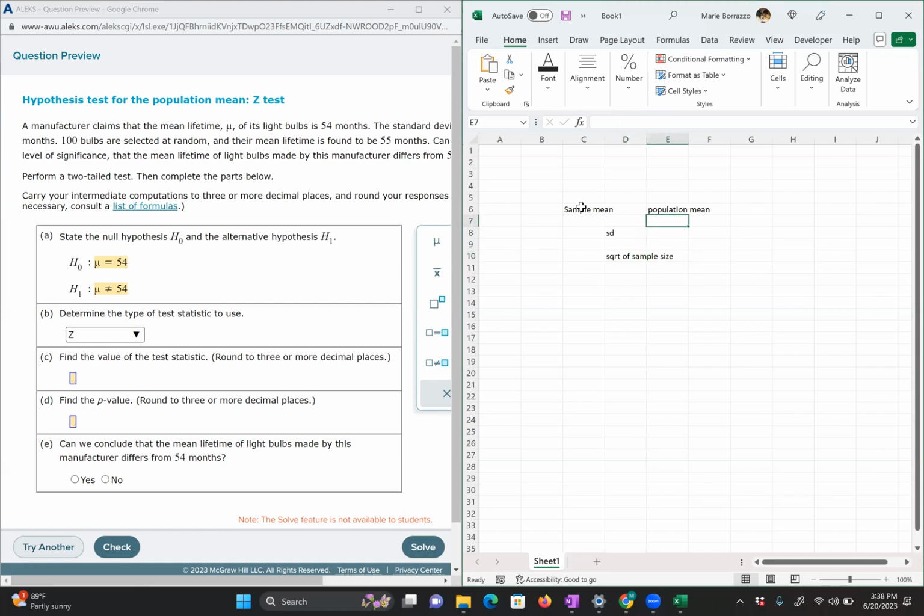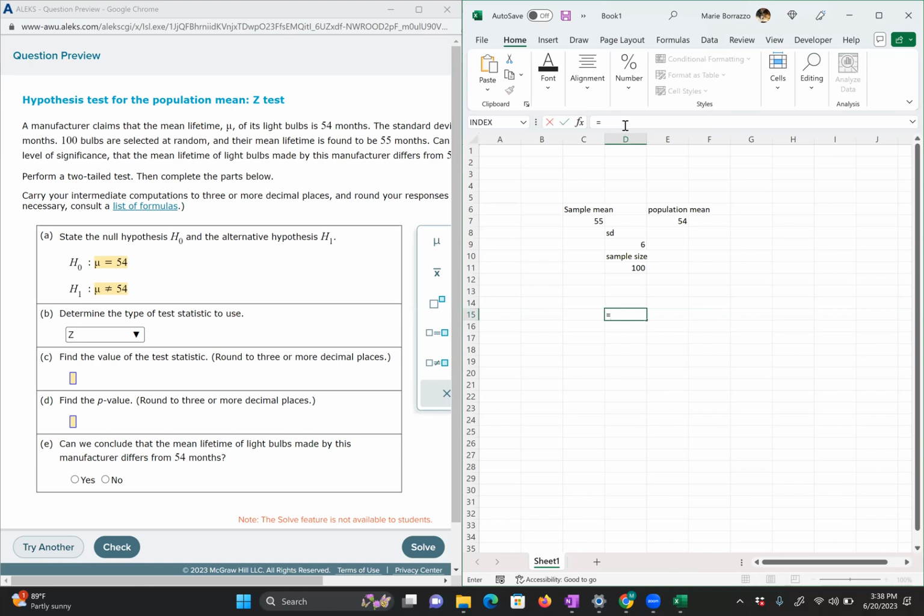Okay, so our sample mean was 55. Our population mean was 54. Our standard deviation given was 6. And this would be the sample size, which was 100, of which we would take the square root. So let me change that just to sample size. What we're going to do over here is compute this.